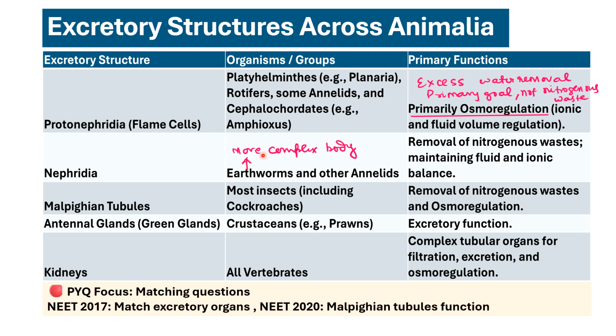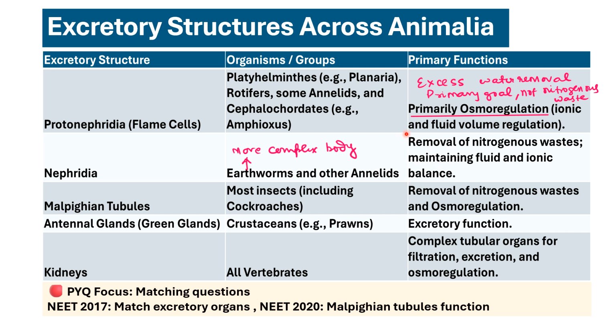Okay, the second example of an excretory structure is Nephridia, and it is found in the slightly more complex organisms such as earthworms and other types of annelids. The main function of Nephridia is removal of the nitrogenous waste along with maintaining the fluid and ionic balance.